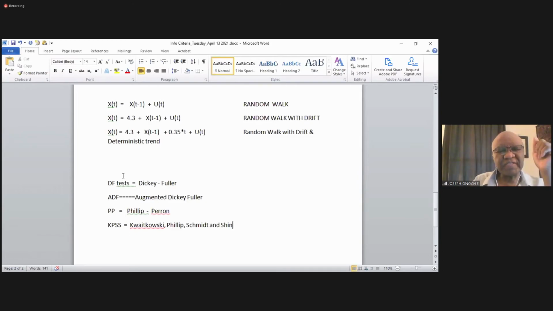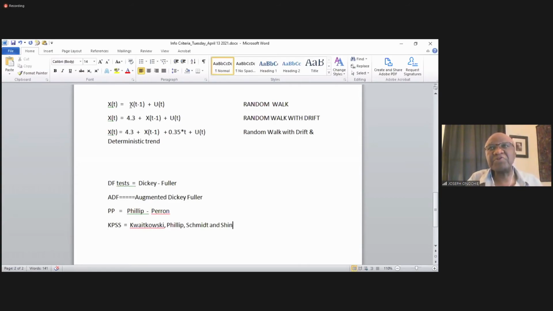So any of these tests we can use to test for unit root. And whenever I say unit root, you can think of it as testing for random walk, because I'm testing if the coefficient is 1.0. In your textbook, I think it's on page 93 or 86 or something like that, it discusses unit root.